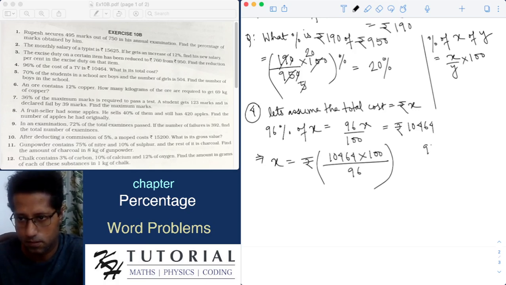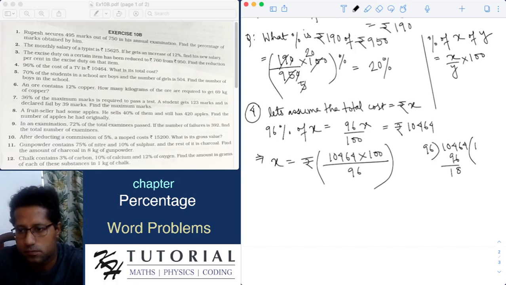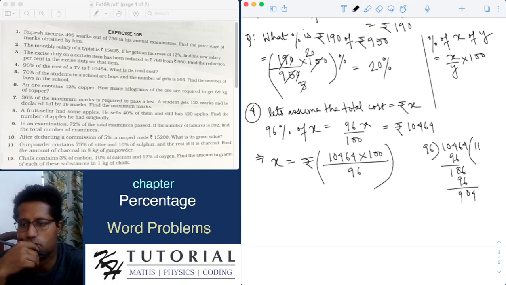Let's see. 104 64 196. This is 8 and 1, and we have 6 1 96 0 9 4 4.